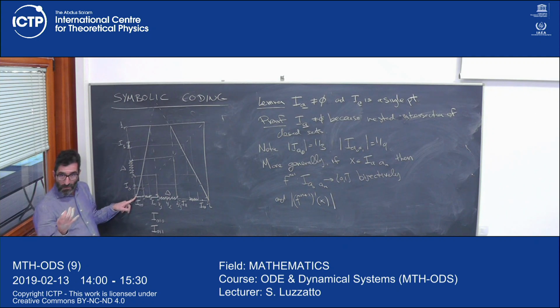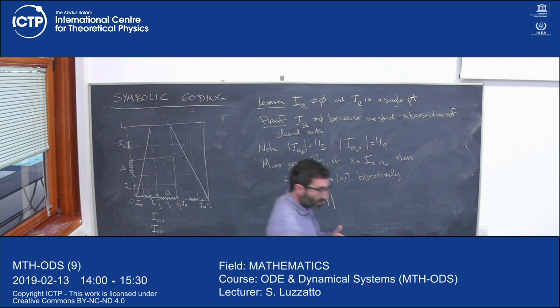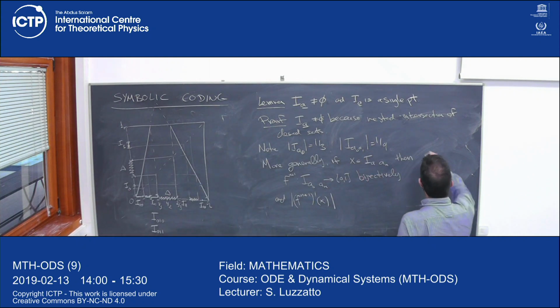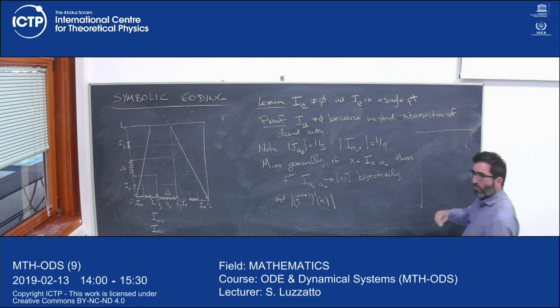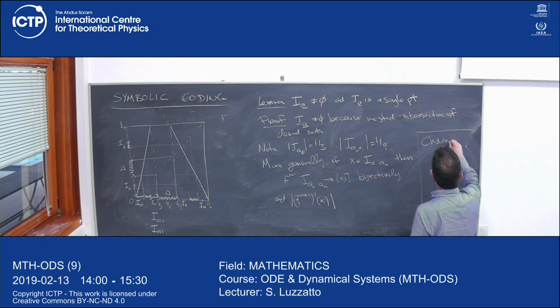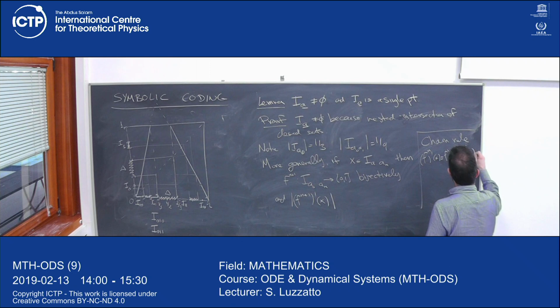So by the chain rule, you take the product of these derivatives, right? Remember, this is elementary, but because we are going to start using this a lot, remember the chain rule says that the derivative of Fn at some x is just equal to the product of the derivatives, f prime in f of x, all the way to f prime in f minus 1 of x.